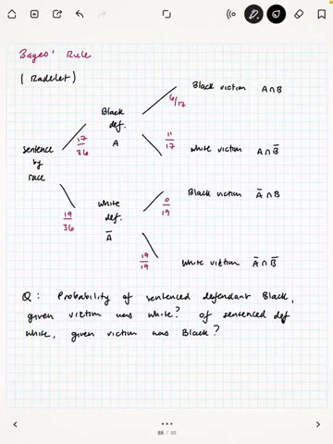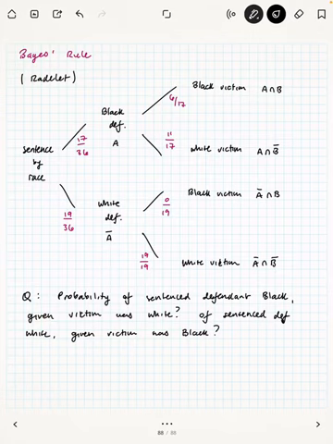Here we'll talk about Bayes' rule, which is a theorem or formula or helpful technique to determine conditional probabilities when the tree diagram itself does not directly give us that conditional probability.